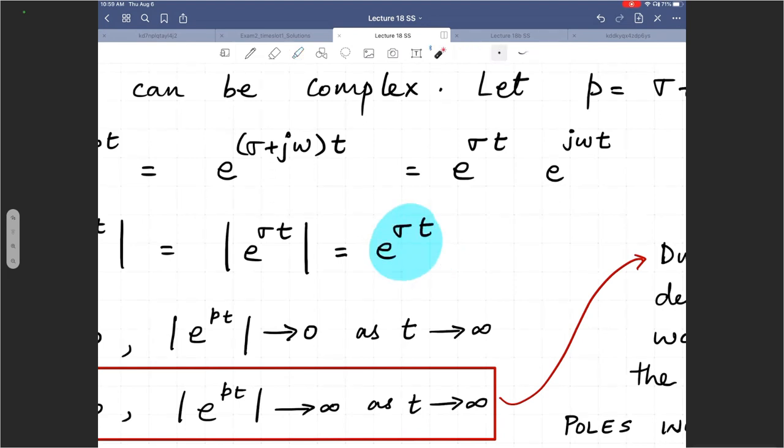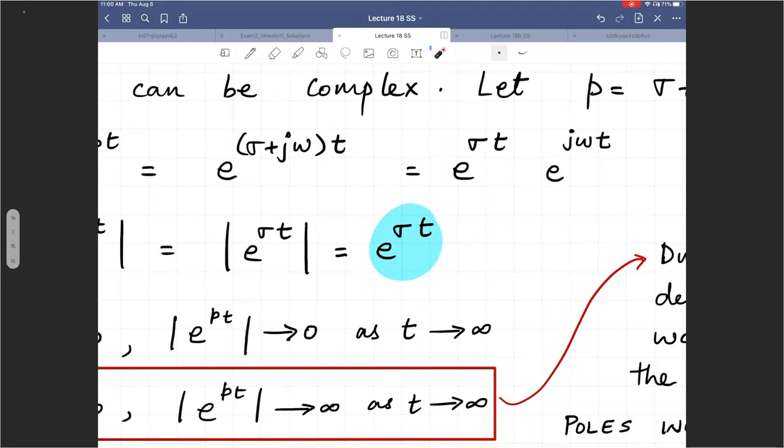When sigma is negative, e to the negative 5t, e to the negative 10t, e to the negative 100t, this will be a decaying exponential. If you have a decaying exponential as time increases, you have stable behavior because things are decaying with time, settling down, decreasing, getting smaller and smaller as time grows.